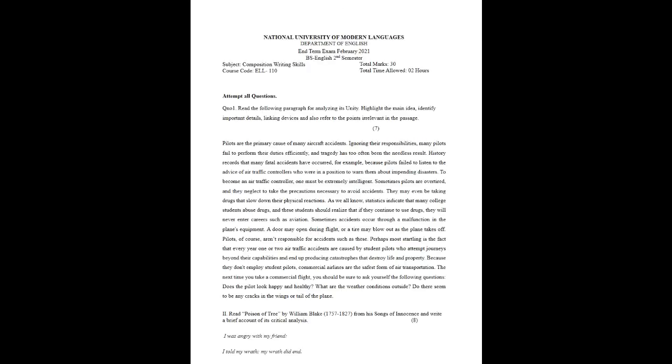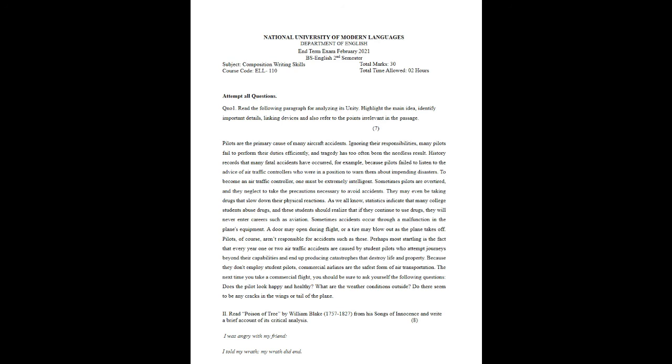Now the subjective part, and the question is write short notes on the following. 3 parts are there. Part A, feedback, and second one is physiological barrier, third one is free writing. This is the paper of Composition and Writing Skills. So the question is attempt all the questions.